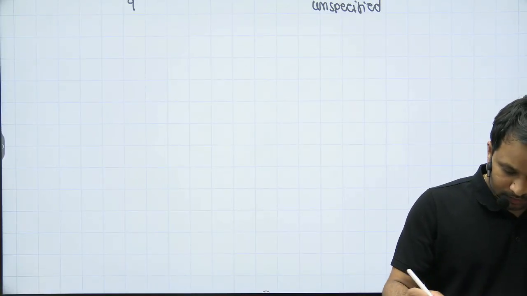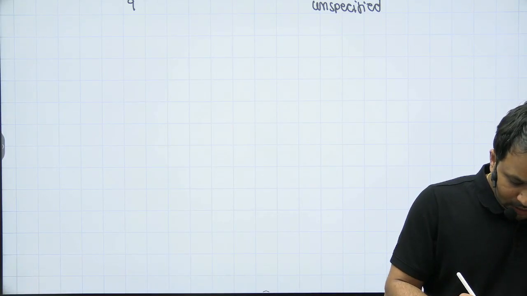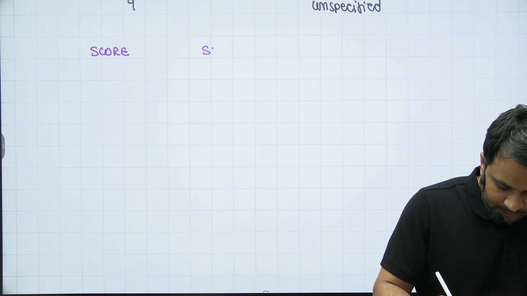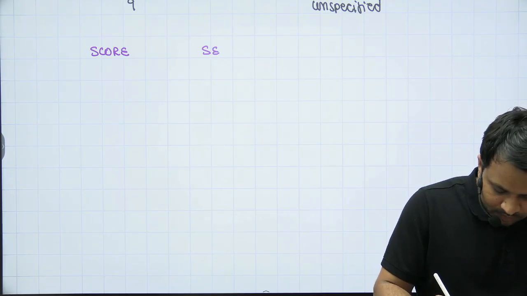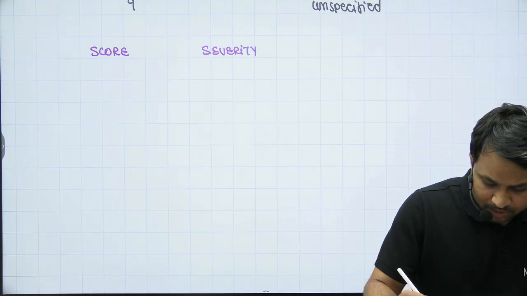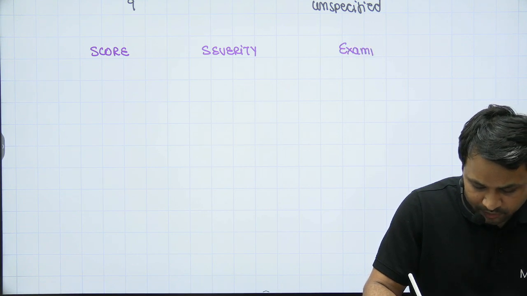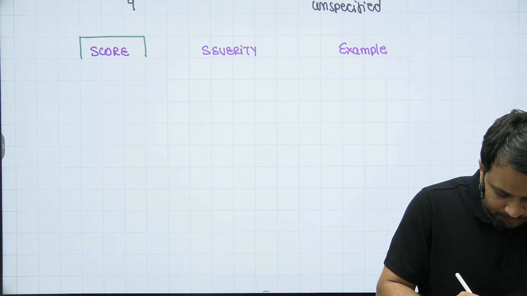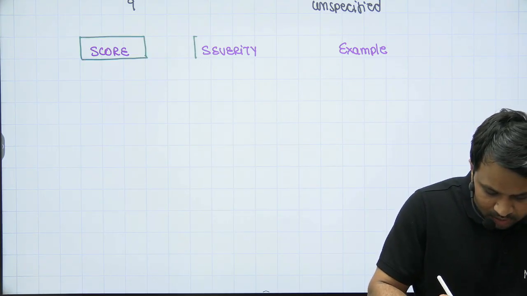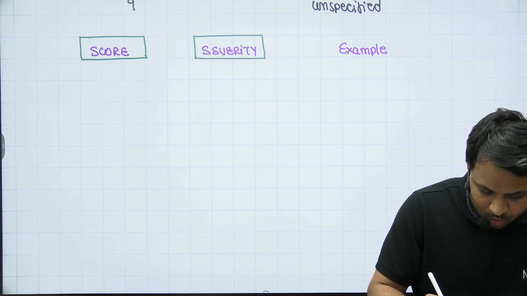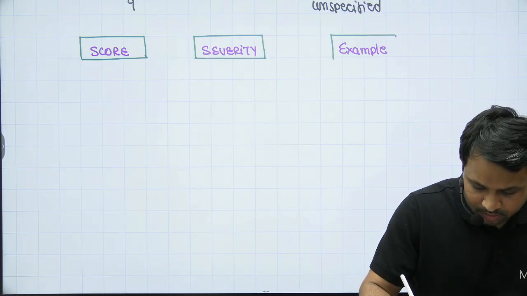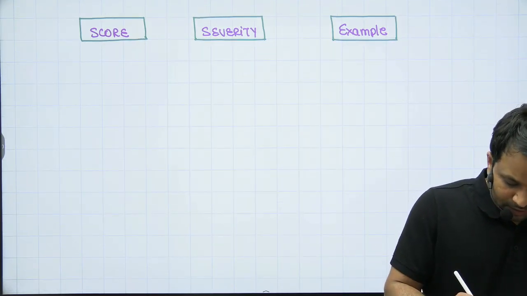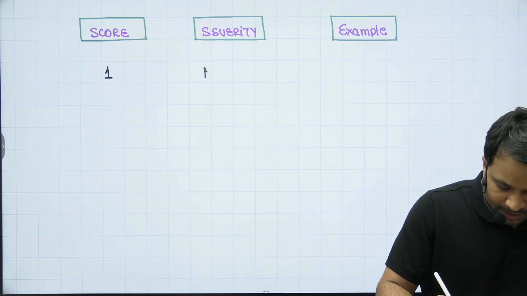Now, based upon the index scoring, we have the score on one side and the severity on the other side. Just to make more sense of it, I'll give you an example of the components we're talking about. For example, a score of 1 is called minor injuries.